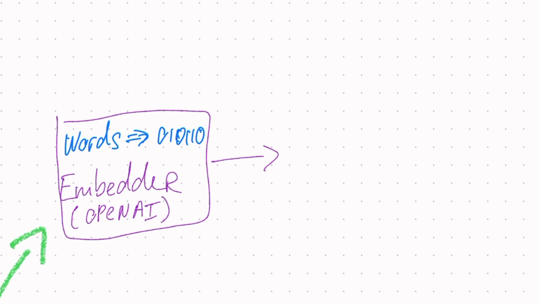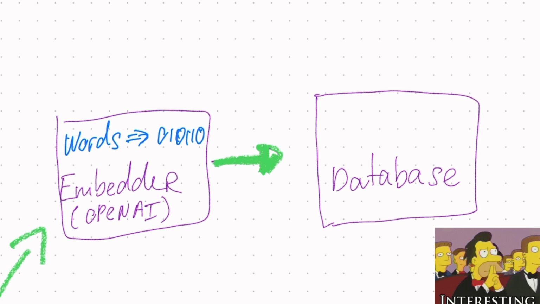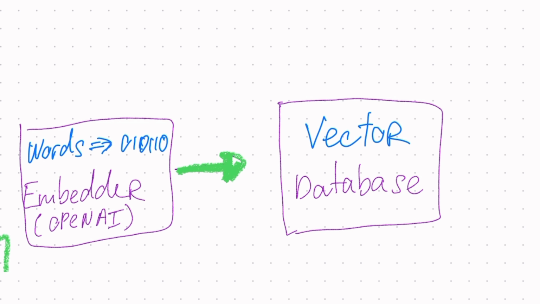The second request is going to go to a database, but not a regular database, a vector database. A vector database is a database that holds this type of information. It stores information as vectors, and what do vectors represent? Information.